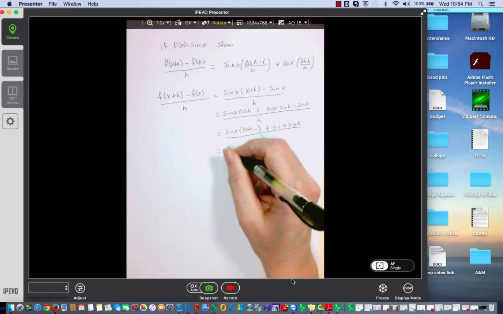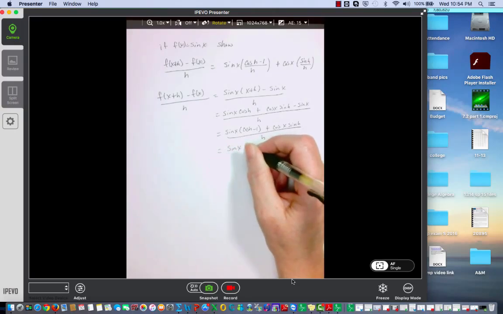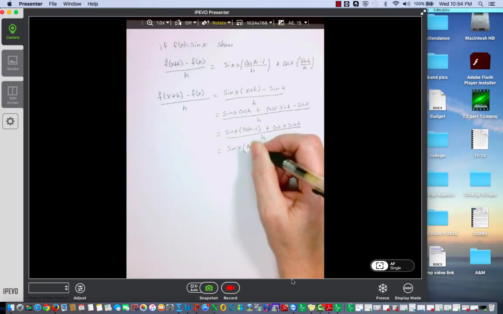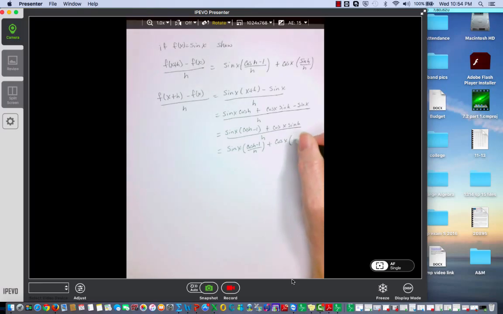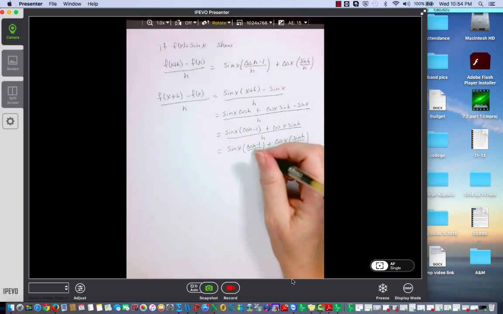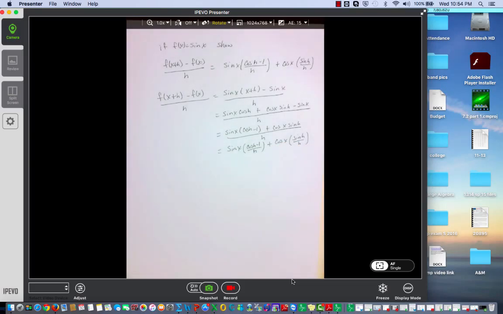That'll get us sine x times cosine h minus 1 over h plus cosine x times sine h over h. And because it's multiplication, it's okay if we just have the h under part of our fraction. And this matches what we have up here.